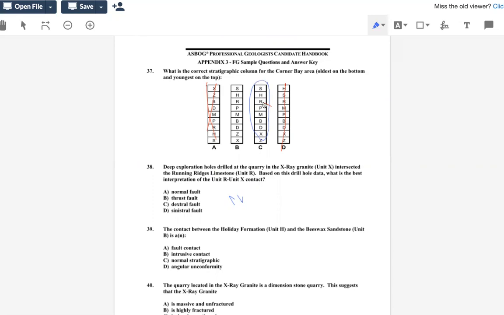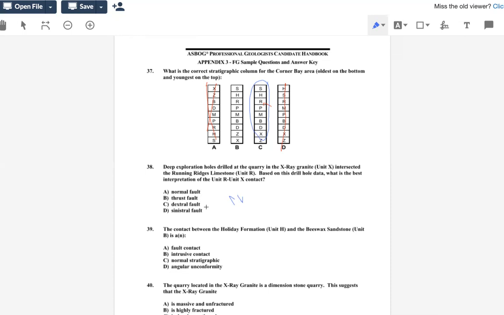Usually when we see older and younger units close together, that's generally because they've been thrusted on top of each other. But normal fault, that's just relative movement. Thrust fault. That one's looking very promising.